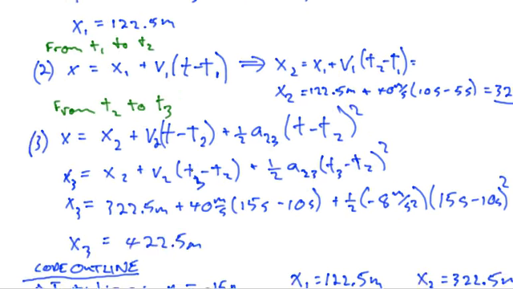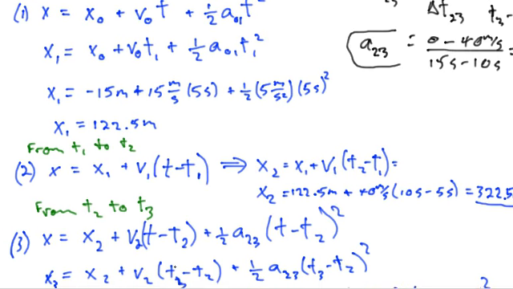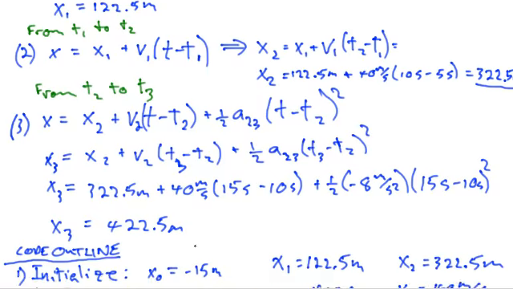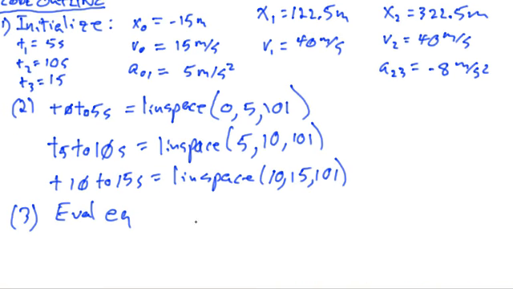I think it's 1. So yeah, it goes 1, 2, and 3. Equation 1 using T equals T0 to 5 seconds.